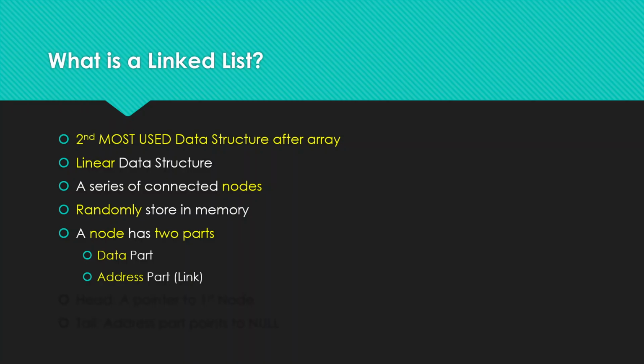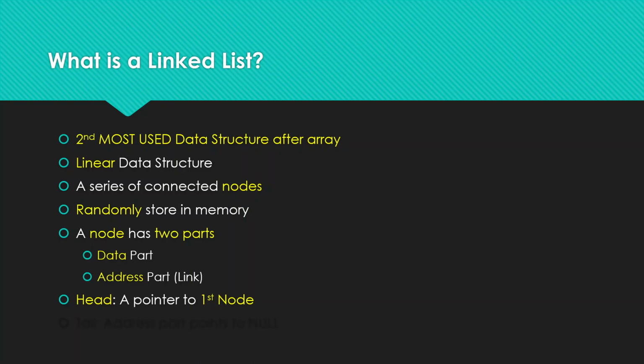You know that a pointer is a variable that stores the address of another object or variable for that matter. Now it's not really the first node, but we normally have a variable which is called the head, which is a pointer that stores the address of the first node.